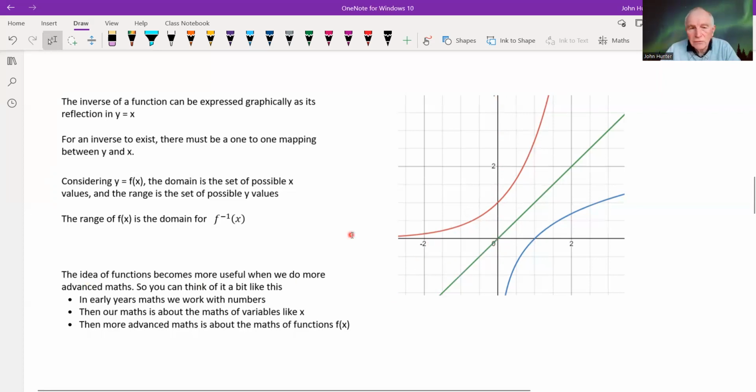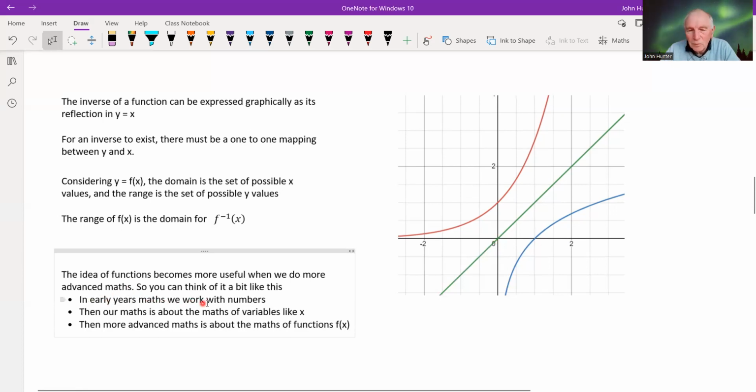So the idea of functions is very important in maths. It comes up more and more as you go into more advanced maths. I think you can probably think of your career in maths being a little bit like this. In the early years, we're basically bothered about numbers, aren't we?